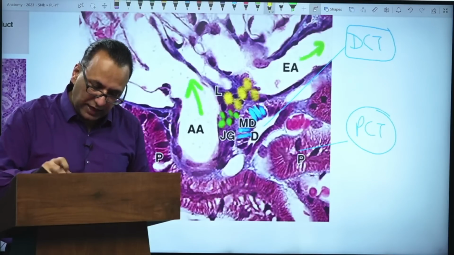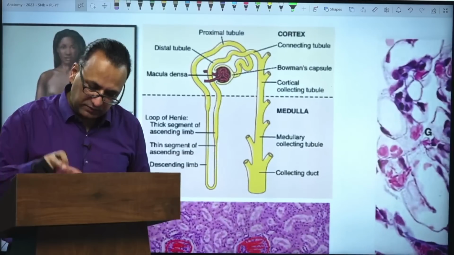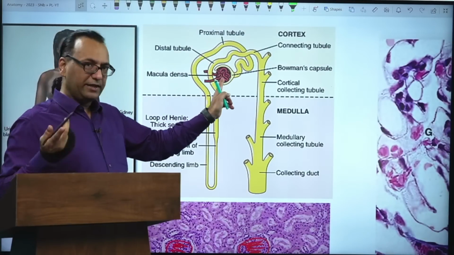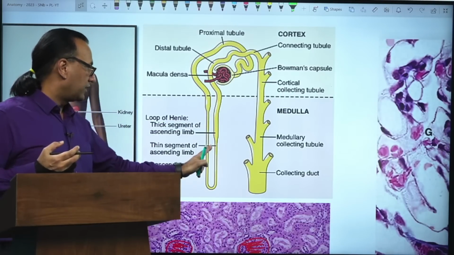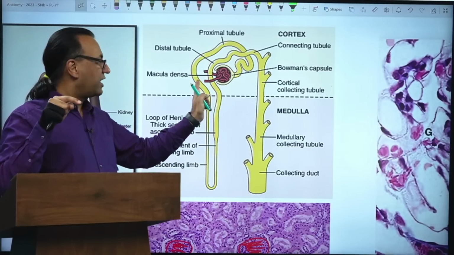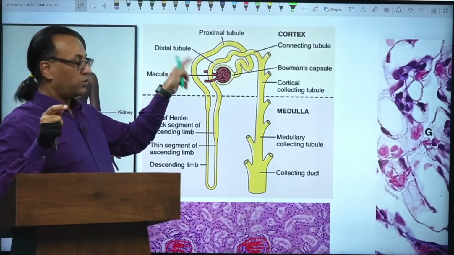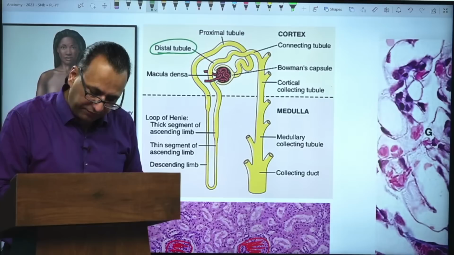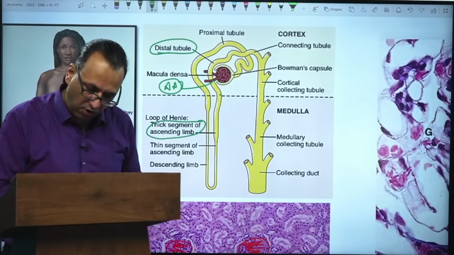Now once we are through this, we can move on to, and see, this is the slide which we were talking about. This is the glomerular capillaries, the afferent arteriole, and it is the junction where the thick ascending limb of loop of Henle comes near the afferent arteriole and becomes the DCT. So as you can notice, this is the DCT, and this is the afferent arteriole, and this is the thick ascending limb of loop of Henle.